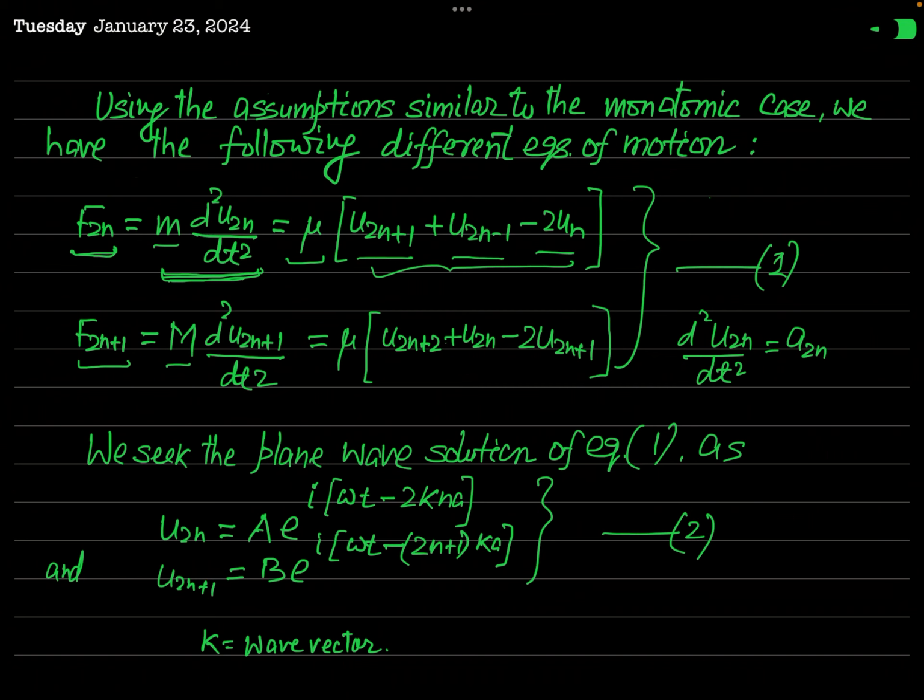Since its displacement is u2n plus 1, the acceleration will be d2u2n plus 1 by dt square. So F2n plus 1 is M times d2u2n plus 1 by dt square. And again, according to Hooke's law, this force will be given by mu times (u2n plus 2 plus u2n minus u2n plus 1).